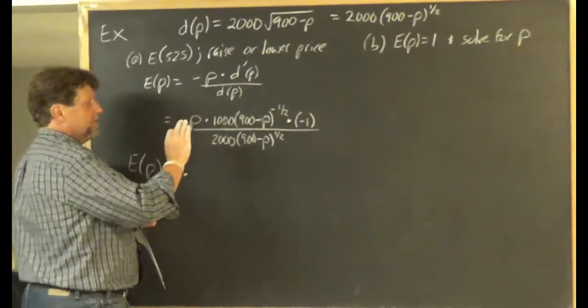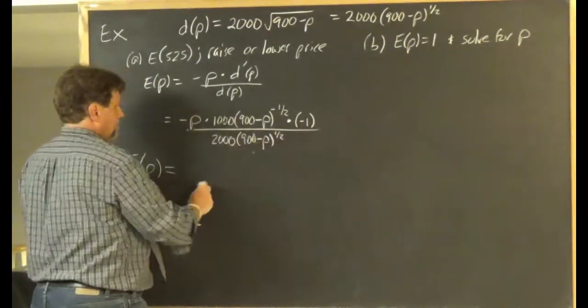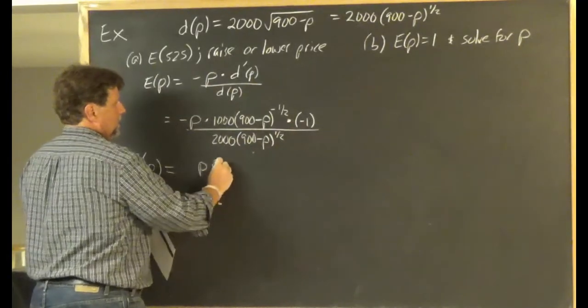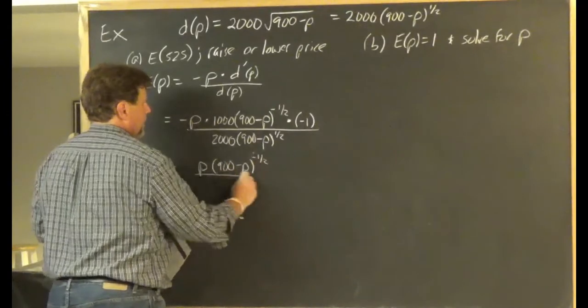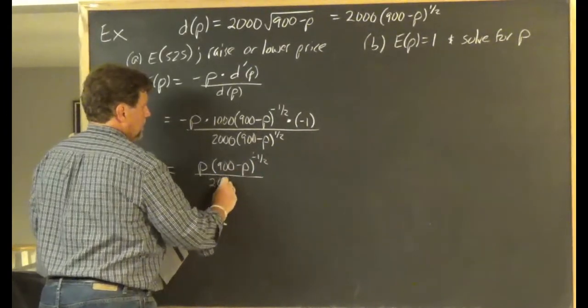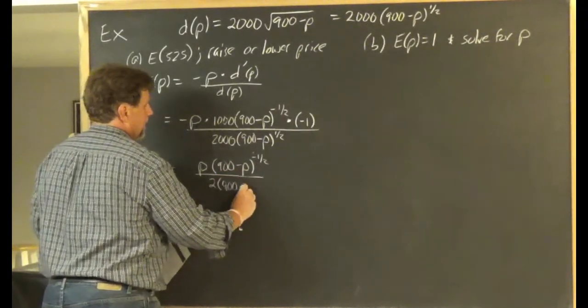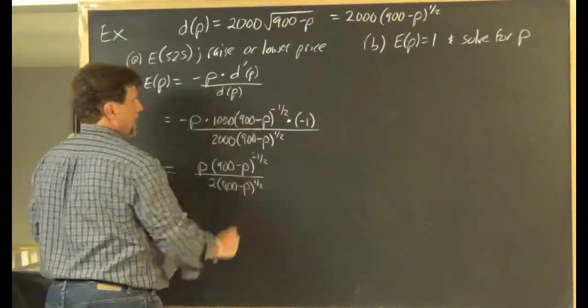So I'm not going to do any more simplifying. This gives me a positive P times 900 minus P to the negative 1/2 over 2 times 900 minus P to the positive 1/2.